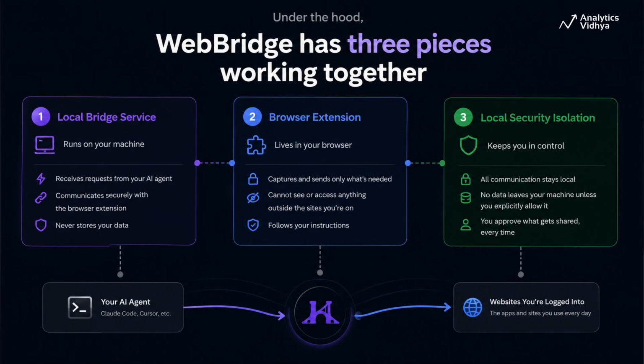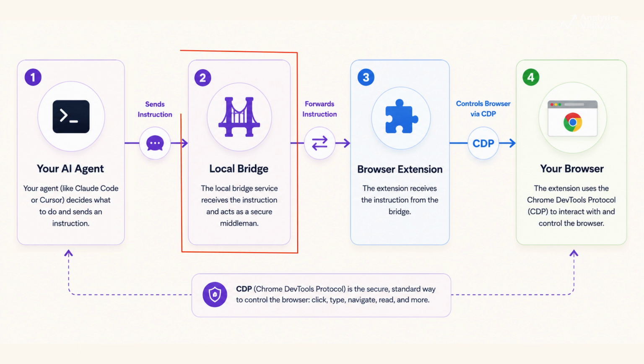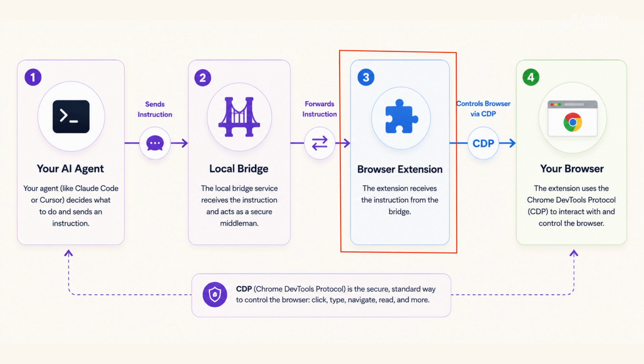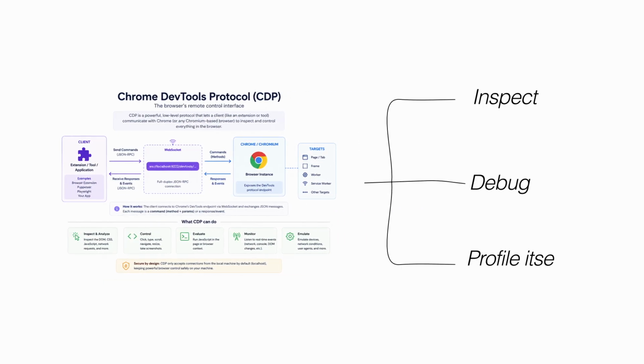Under the hood, WebBridge has three pieces working together: a local bridge service, the browser extension, and the local security isolation. Here's the flow. Your agent sends an instruction. It gets passed to the local bridge, which talks to the extension, which controls the browser using something called Chrome DevTools Protocol or CDP. CDP is the same protocol Chrome uses to inspect, debug, and profile itself.